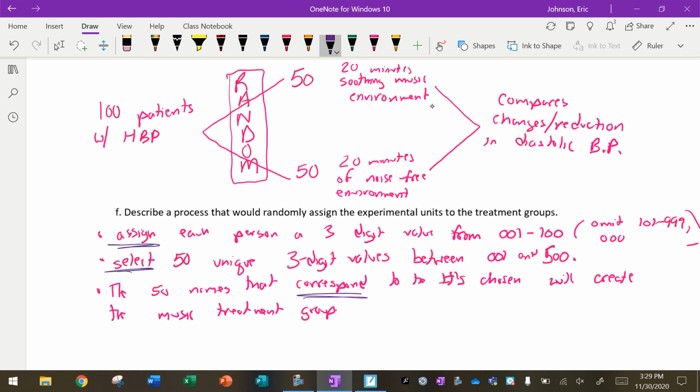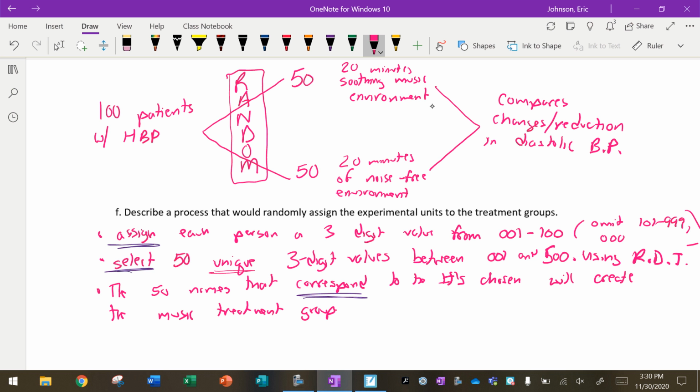Now keep in mind, we're not randomly assigning numbers. You say, okay, Jim A, you're going to be 001. Sarah B, because your last name begins with a B, you're going to be 002. You purposely assign them numbers. The randomization, I forgot to add this, using a random digit table, comes in when you're selecting the numbers to create a group of 50.